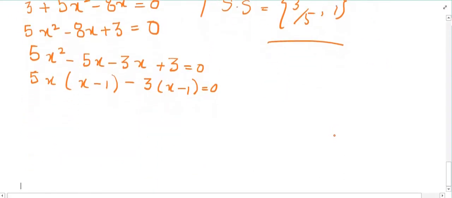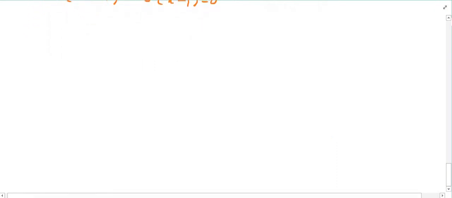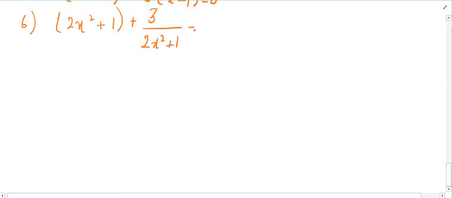Okay, 6. (2x squared plus 1) plus 3 by (2x squared plus 1) equals 4. Now this is the type 2 of the equation. 2x squared plus 1 is the same as 2x squared plus 1. Just replace it: 2x squared plus 1 equals y.